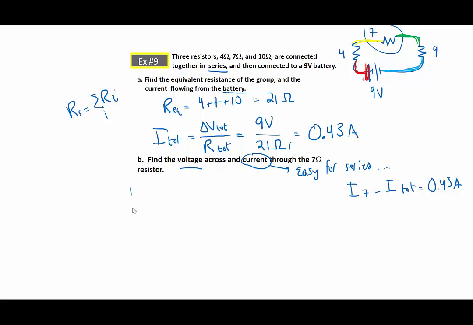So in order to figure that out, I can say, well, let's use Ohm's law for just the 7 ohm resistor. And I want to find the voltage across that 7 ohm resistor. Well, thankfully, I know the current going through it, and I also know the resistance. So I can solve for my unknown voltage drop at that specific location in the circuit.